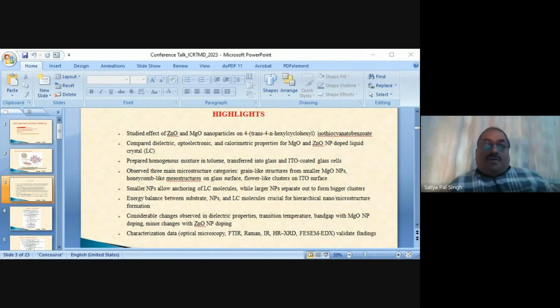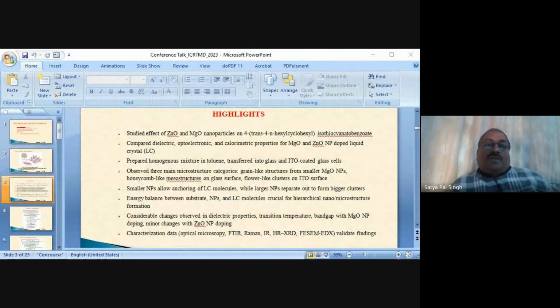We prepared the media and these nanoparticle dots in the presence of toluene, and then gradually removed it so that we can mix them homogeneously, and we evaporated the toluene. We have placed it in a glass cell and an ITO coated glass cell, two different kinds of surfaces.